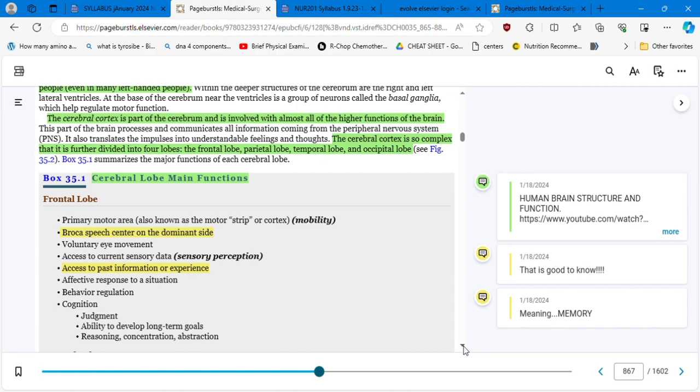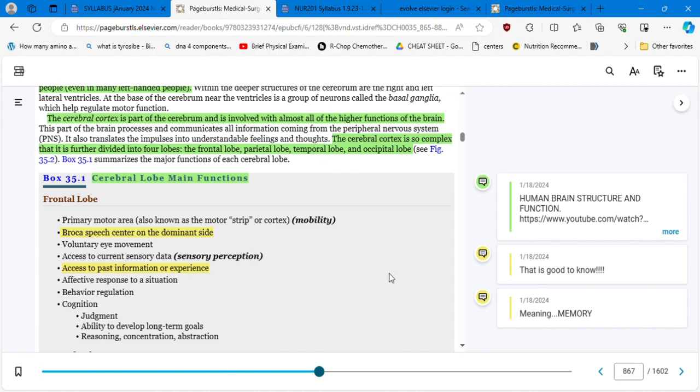Full-time is full, F is front, time is temporal, position is parietal, and occipital, right? Full-time positions.